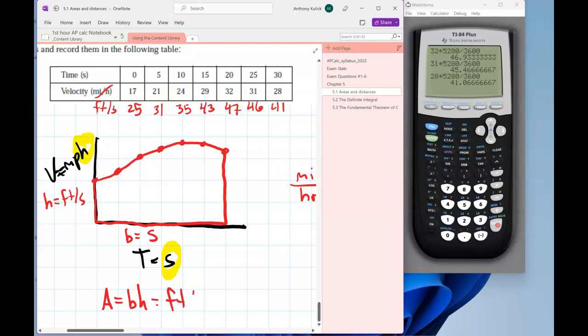Yeah. So it does seem like if I calculate the area under this curve, that is going to give me the distance traveled. Everybody buy that? Okay.